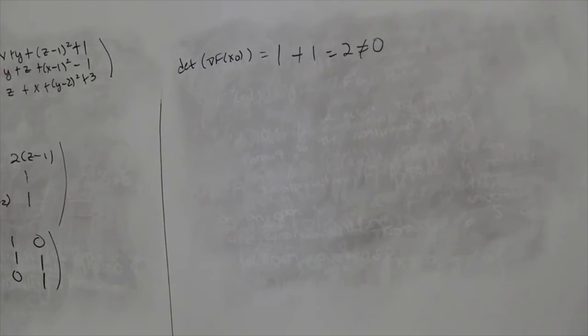If the Jacobian determinant is not 0 at this particular point x naught, that means it's also going to be not 0 in a neighborhood of x naught, right? Because we have continuous differentiability. This Jacobian is a continuous object, and it can't jump from 2 instantly to 0.